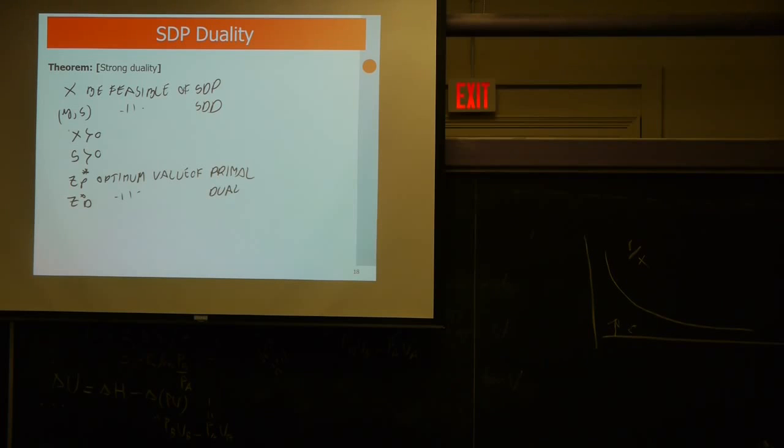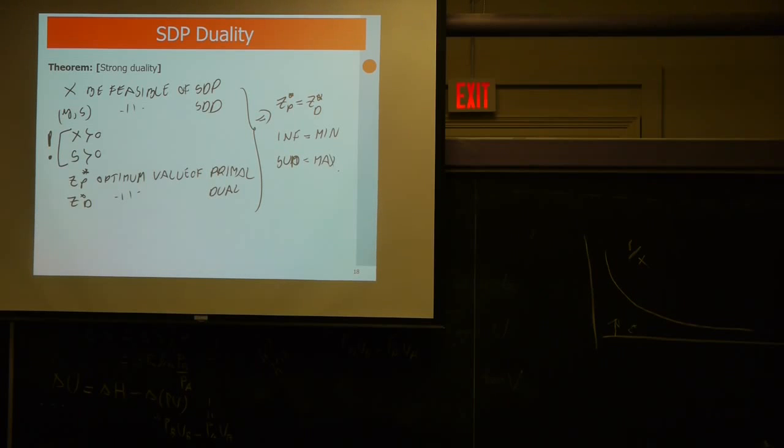So if we have these two extra conditions, then you can prove that the primal and dual optimum are the same. So the duality gap is 0. And what's more, these can be attained. So the infimum is the minimum and the supremum is the maximum.